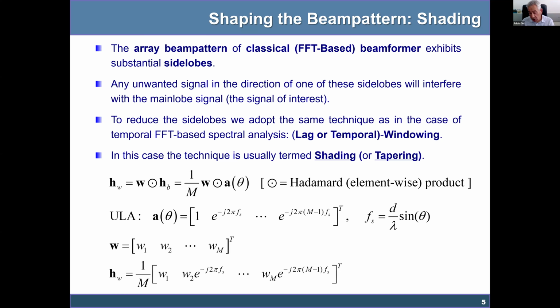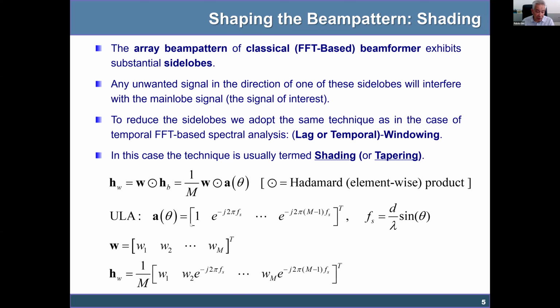Usually when you work in the temporal domain, this kind of operation is called windowing. When you work in space, typically we use a different term, and we use the term shading or tapering, but the meaning is exactly the same. So windowing, shading, tapering are synonymous.